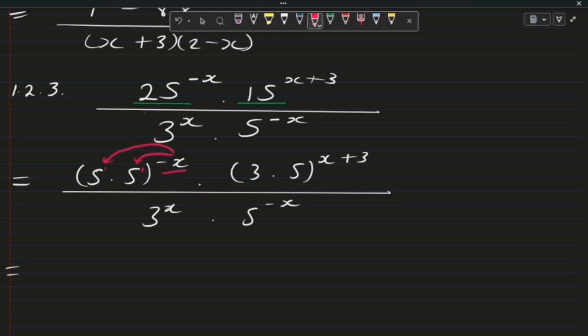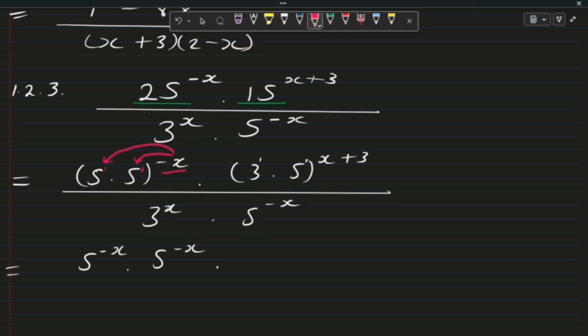So we can simplify and say this is actually 5 to the power of negative x times 5 to the power of negative x. Okay, and then we can do the very same thing in this situation because there's a power of 1, there's a power of 1.